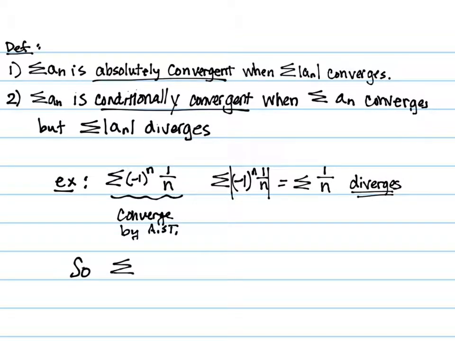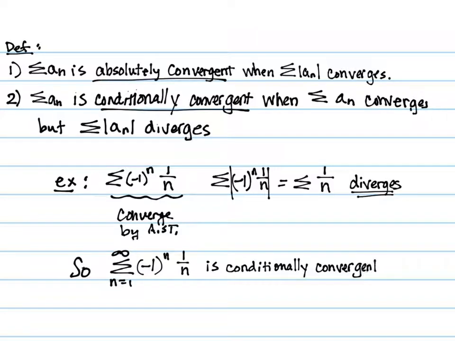What that tells you is that the summation from n equal 1 to infinity of (-1) to the n over n, not only is it convergent, but it is conditionally convergent. It's not absolutely convergent.